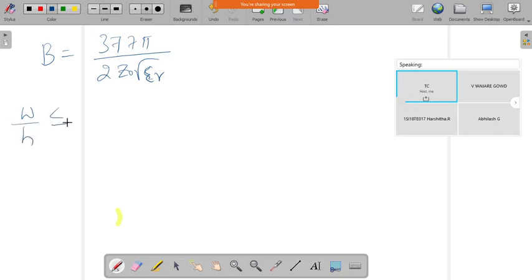If W by H is less than or equal to 0.6, you can use this expression for finding lambda.